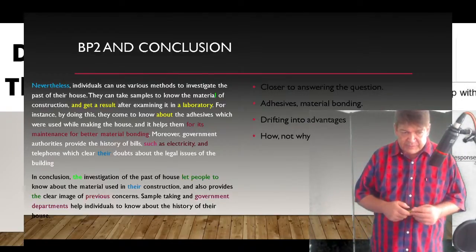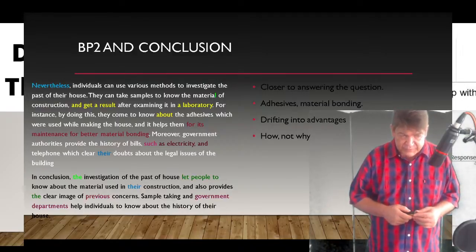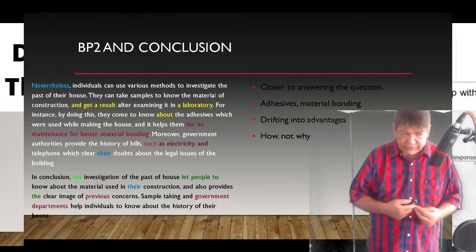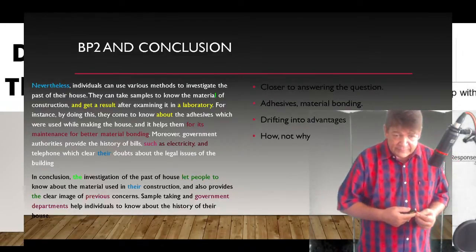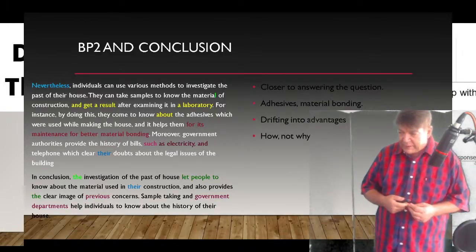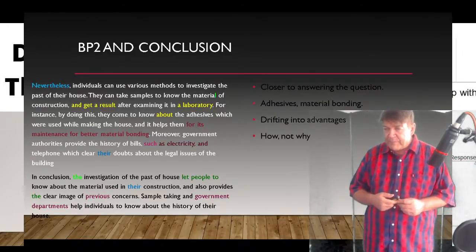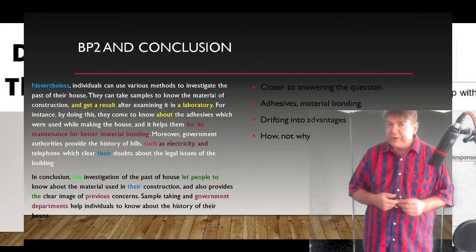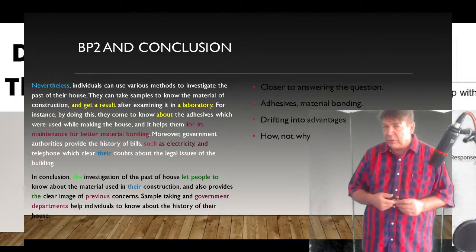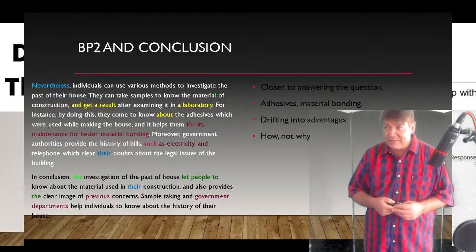Individuals can use various methods to investigate the past of their house. They can take samples to know the material of construction and get a result after examining it in a laboratory. Okay, so now, is this researching the history of the home or the current state of the home? It's looking at how it is.